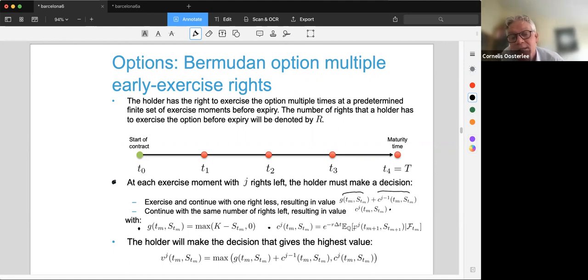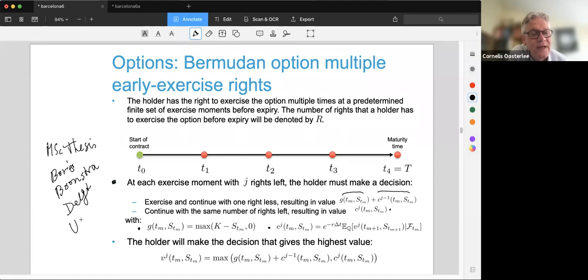The paper about the electricity options has just been released, but the details are also in the MSc thesis of my co-author Boris Boonstra. At that time, he was still at the Delft University of Technology.